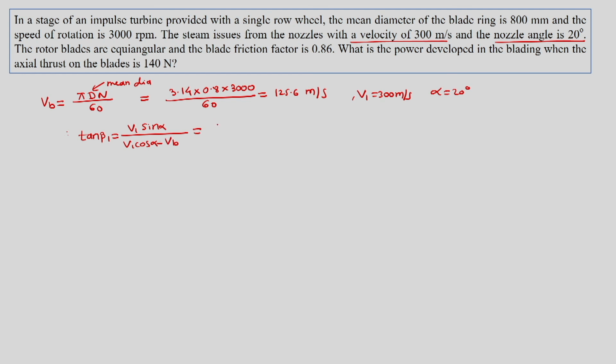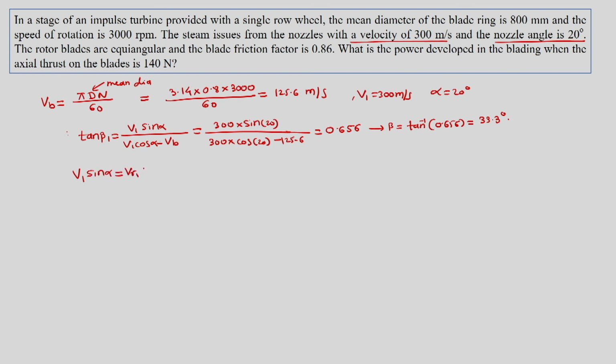So V1 is 300 into sine of 20 divided by 300 into cos of 20 minus 125.6, and that is 0.656. This gives us beta is tan inverse of 0.656, and we get beta as 33.3 degree.